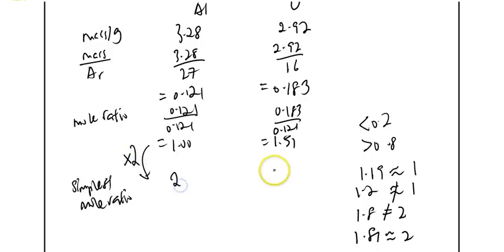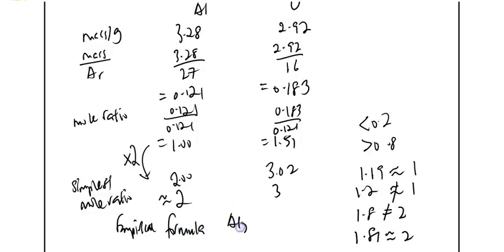And we have 2 here and 3.02, which gives us a very good approximation to 2 and 3. So this gives us the empirical formula of aluminum oxide as Al2O3. Alright, take note, do not round 1.51 down or up. Multiply by the smallest possible integer, to bring it to a number which can be rounded.